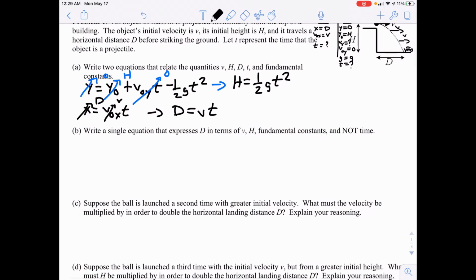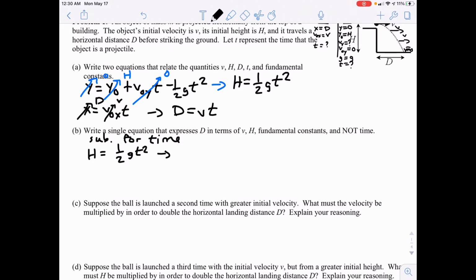Part B, write a single equation that expresses d in terms of v, h, and fundamental constants and not time. Essentially what it means is substitute for time. So here's what we're thinking. We have h is equal to 1/2 g t squared. Let's solve it for time.